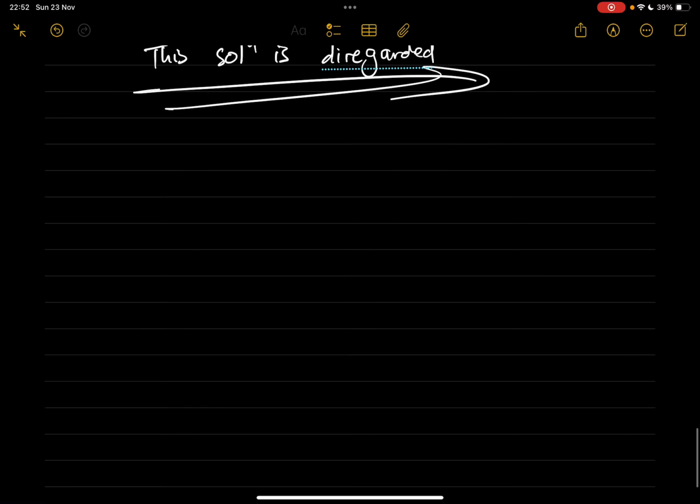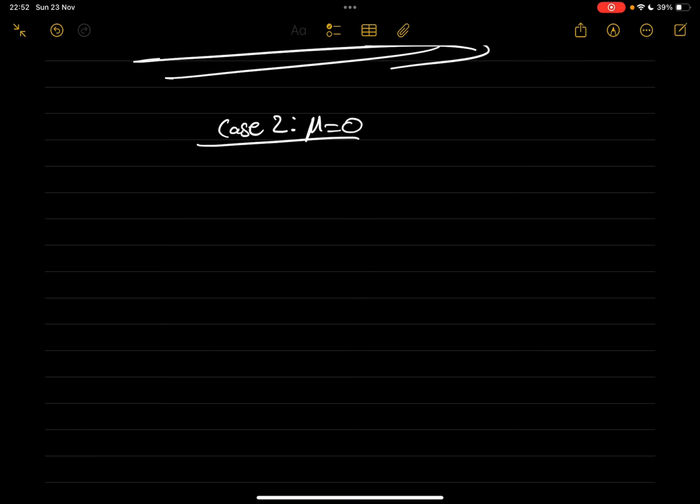If mu is not positive, then let's assume that mu is equal to 0. Then case 2, we are going to assume that mu is equal to 0. Remember we had our second order differential equations.